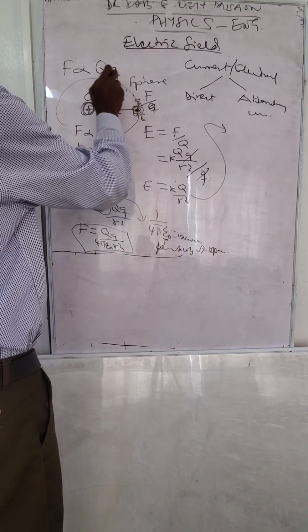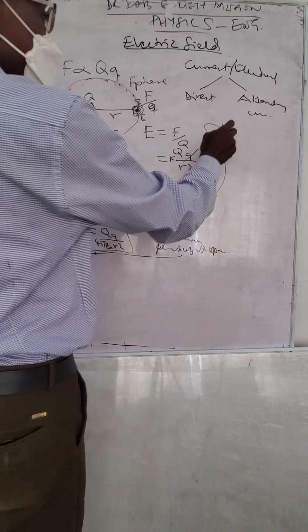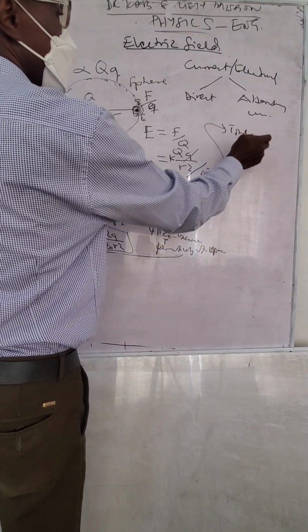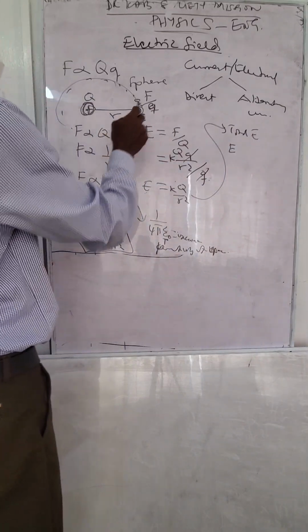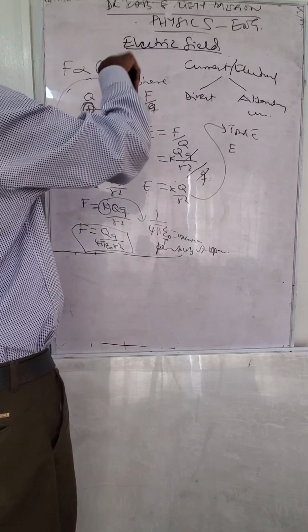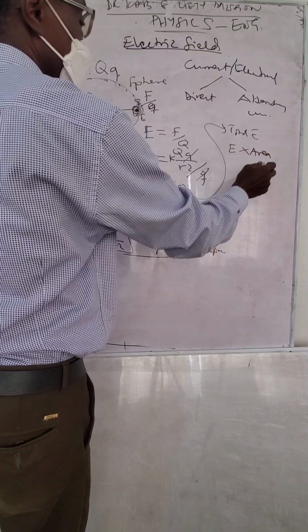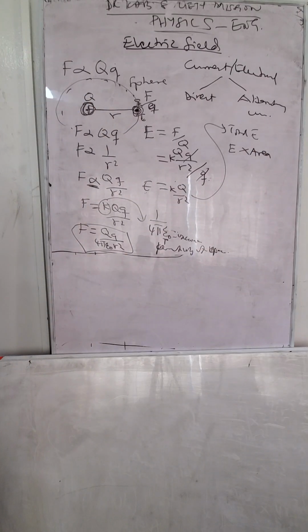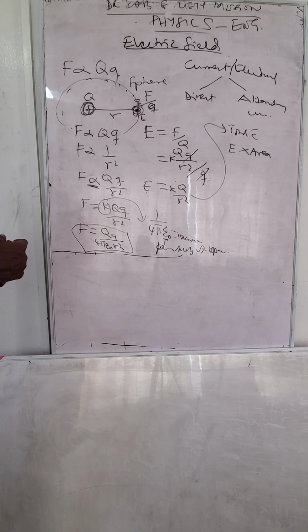So if you want the total E over the sphere surface, we should multiply E by the surface area. So the total intensity over the sphere will be this E times the area. E times the area will give us the total intensity over the surface.